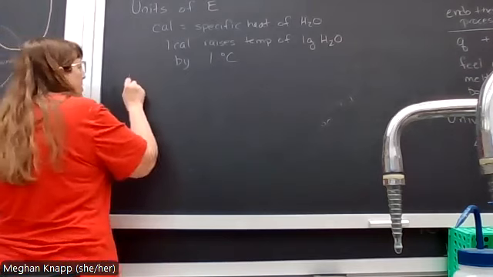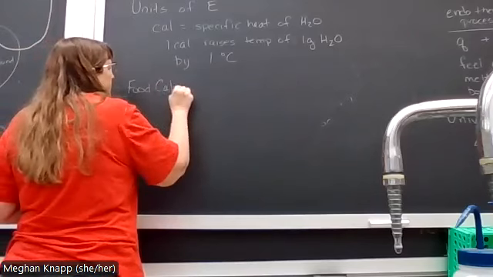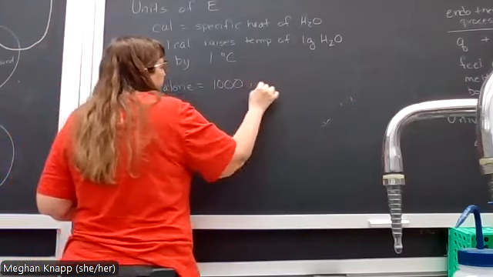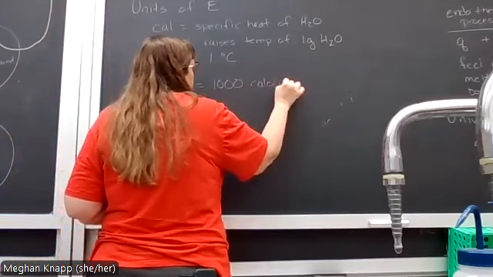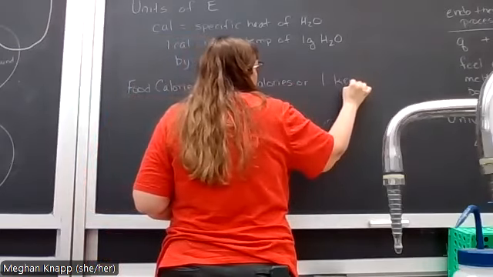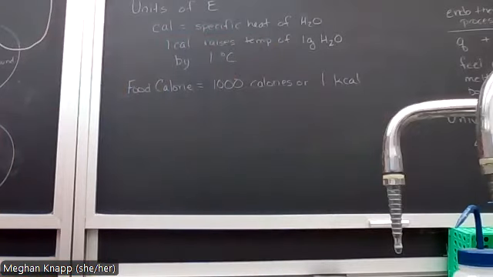So a food calorie is equal to 1,000 calories or 1 kilocalorie. Now, not everywhere in the world do they use calories.